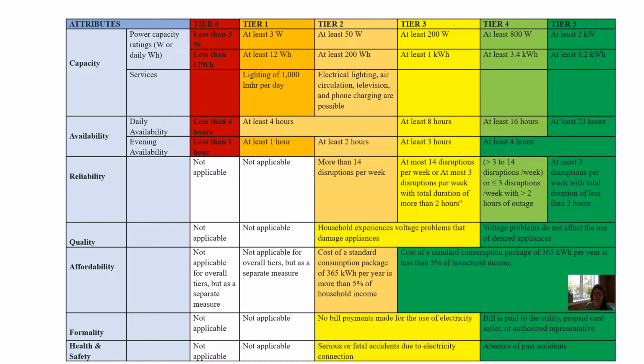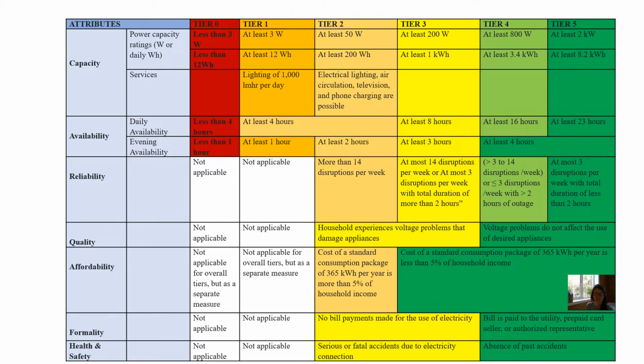Affordability captures whether a household can afford a standard level of expenditure on electricity. And formality or legality is relevant for grid only and captures whether the household is legally connected to the grid. Health and safety is relevant for grid and electric generator only and captures health risk related to use of electricity in the household.